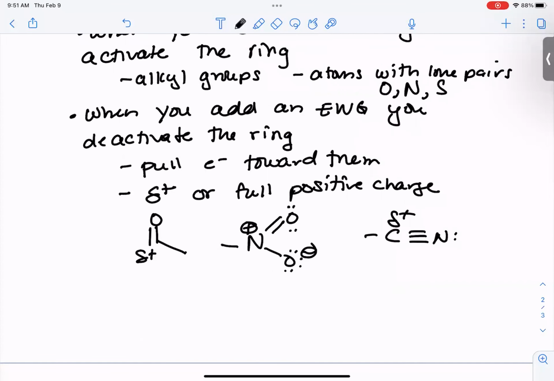The other one that we have not gone through, and there is going to be another, I don't want to say exception, but something to keep in mind, are your halogens. So your halogens, they actually can go both ways, and we're going to see this when we look at the directing effects.